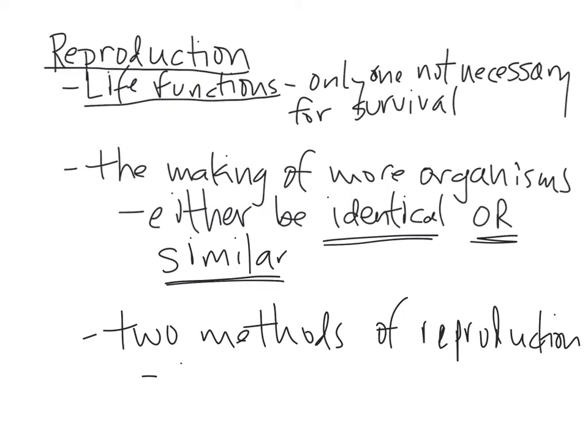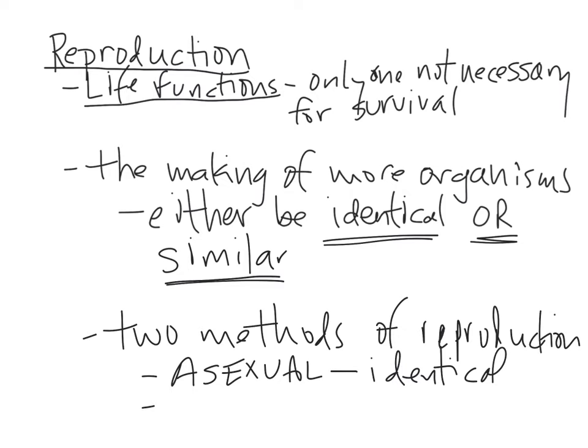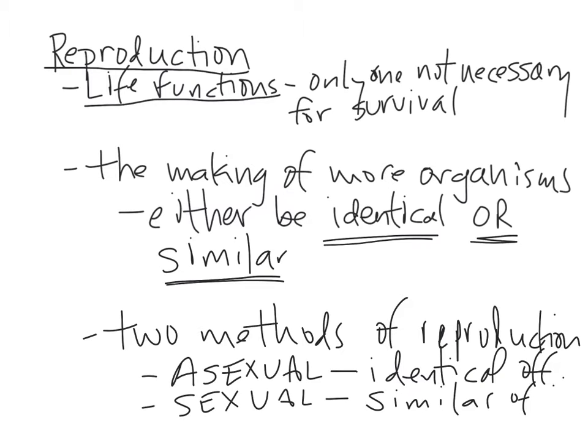So one of them is called asexual reproduction. So I'm going to write here that's going to give you identical. And then, of course, we have sexual reproduction, which would give us similar. And, of course, this is resulting in offspring.